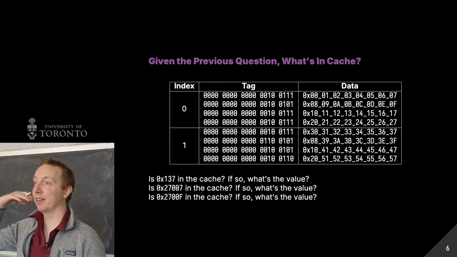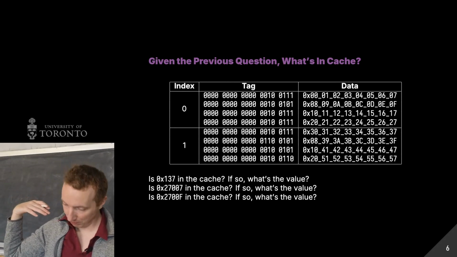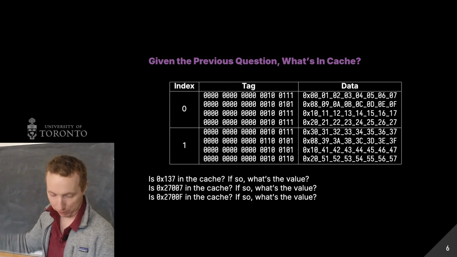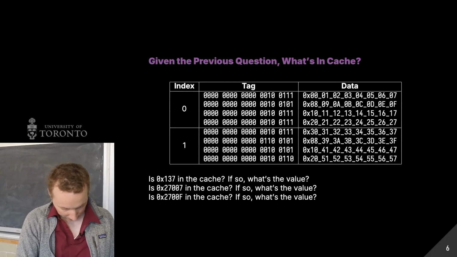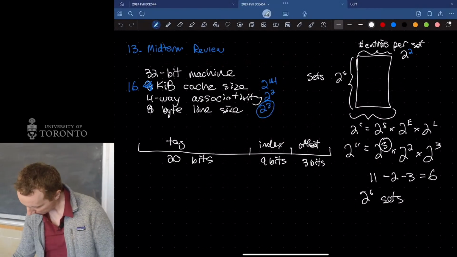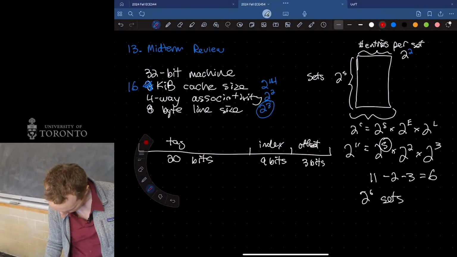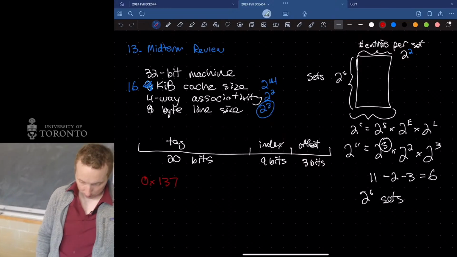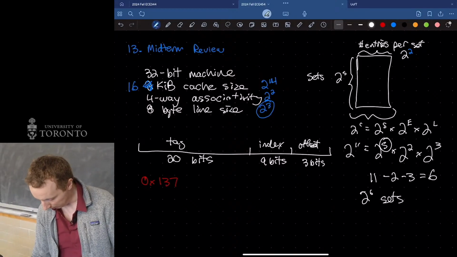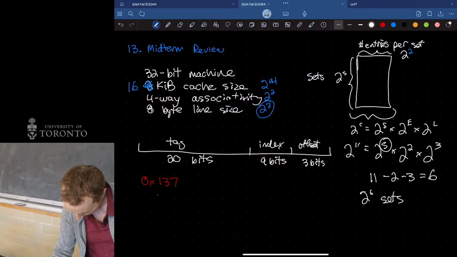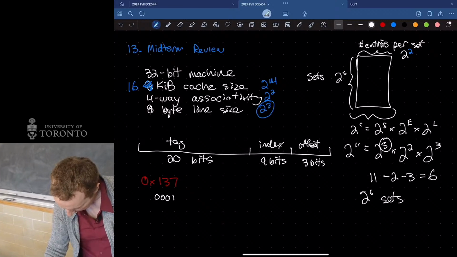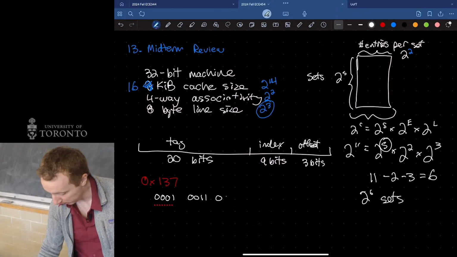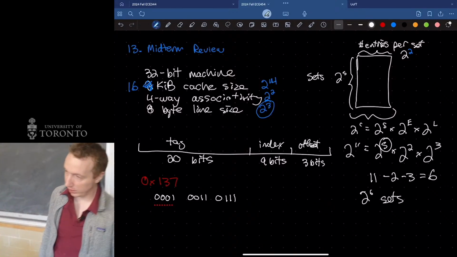Yeah, would you convert 0x137 into binary? Yeah, I could just convert it into binary, figure out which part is which, right? So say I had address 0x137. In binary, that would just be 0001 0011 0111, right?